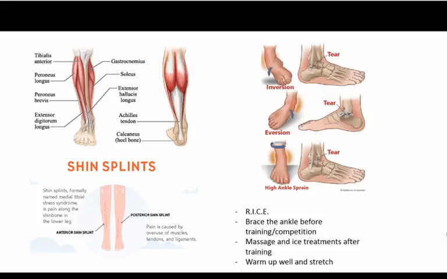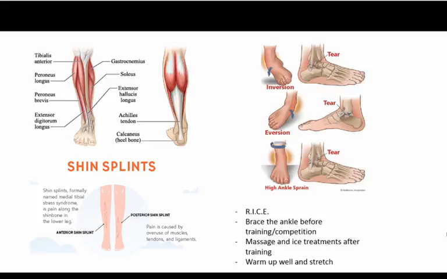Why? Because basically we have to rest even for a small inversion, or for shin splints. We have to apply ice. Usually it's between 5 to 20 minutes each time we apply ice, for 2-3 times a day, especially after training. Compression.